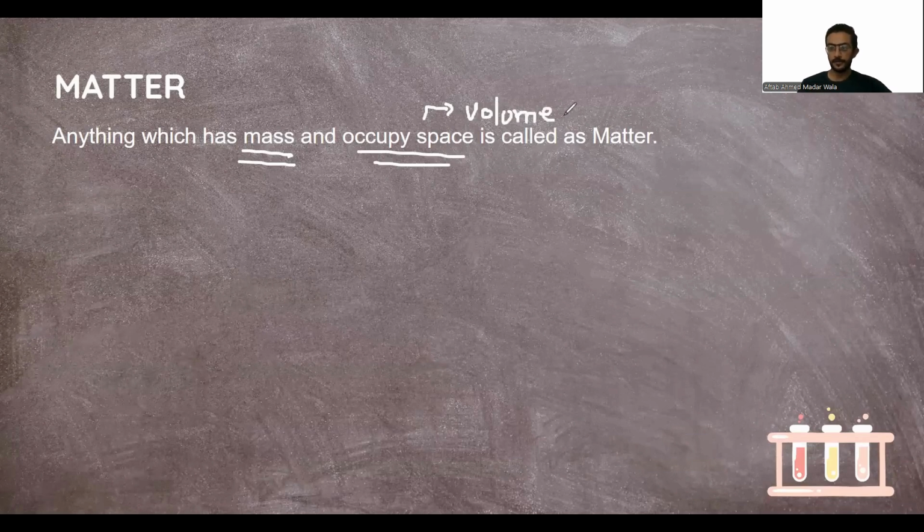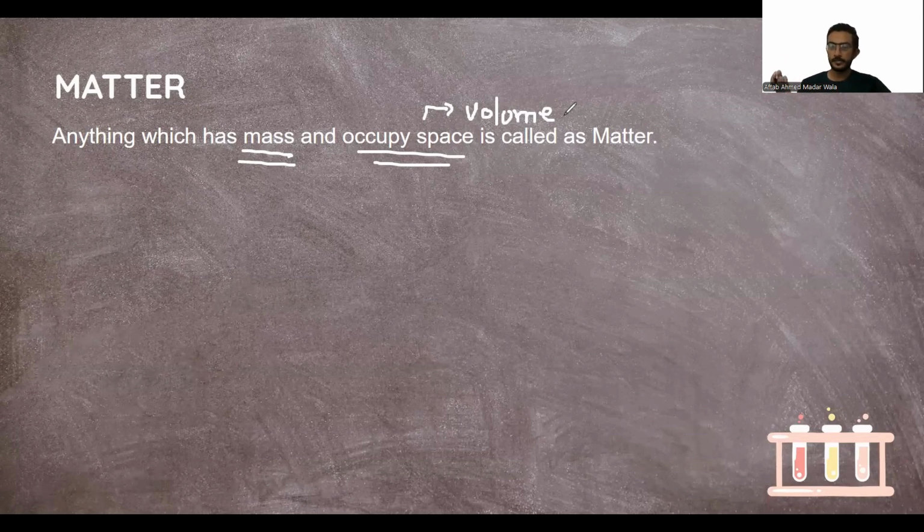Isn't it? Let's say the book which is placed in front of you right now. When you lift it up, you will feel that the book has some amount of mass. The book is occupying some amount of space. The book has some amount of volume. So that is what we call matter.